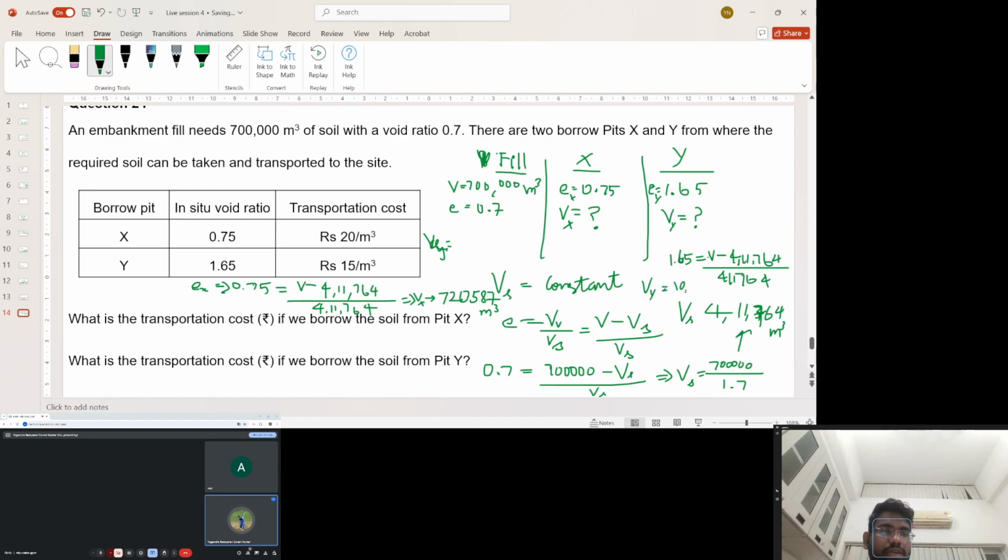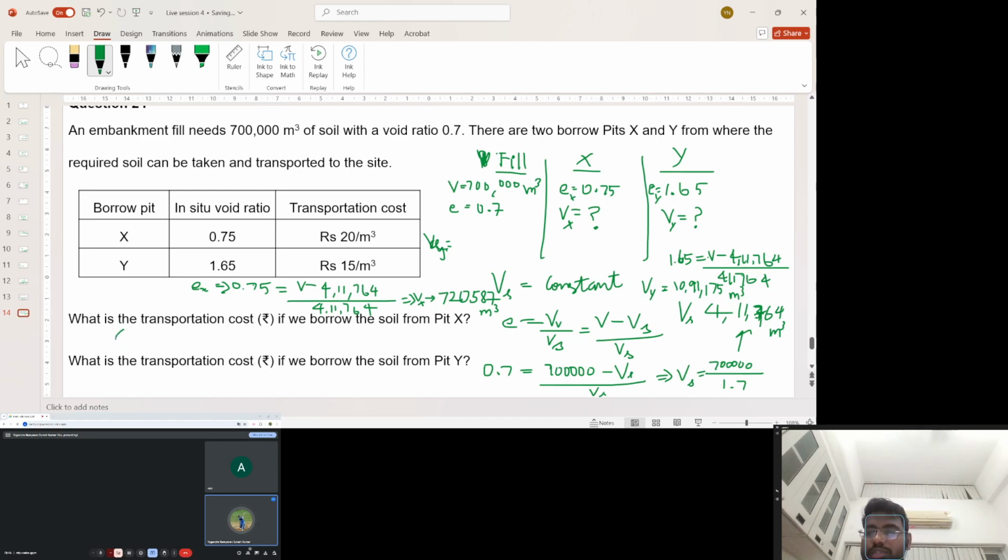It is 411,764 into 1.65 plus 411,764. You will get 10 lakh 91,175 approximately meter cube. So we know Vx.